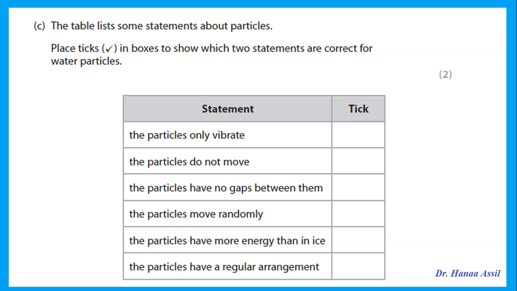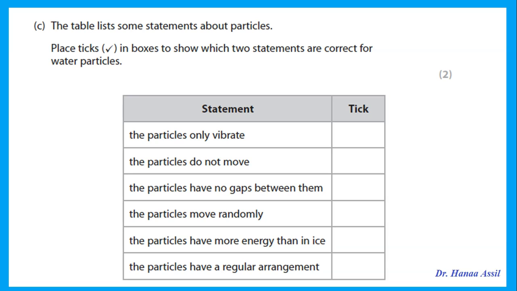No. Particles only vibrate if we're talking about a solid, so we would tick that if we're talking about ice. Particles do not move? That is never correct. The particles in any state are always moving.